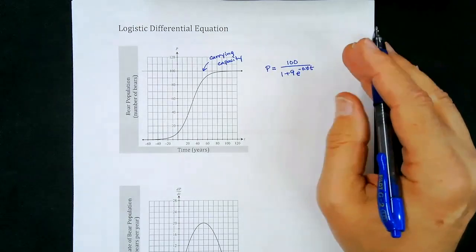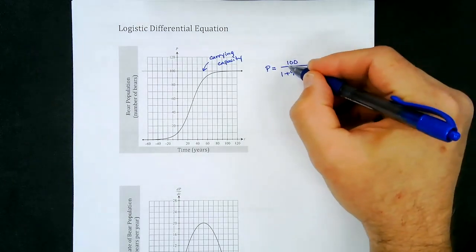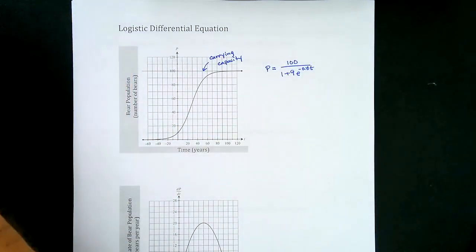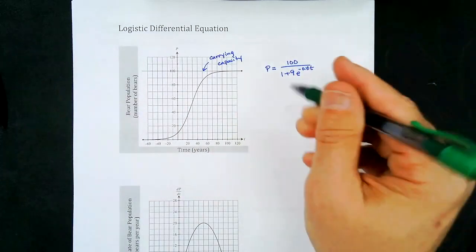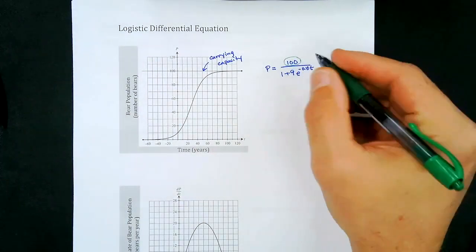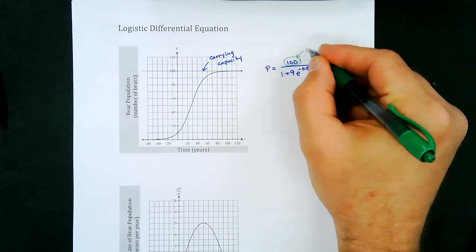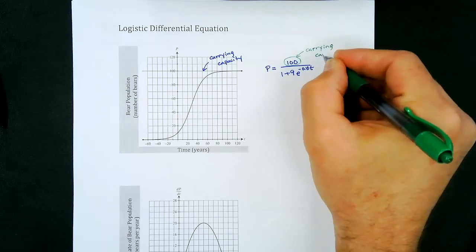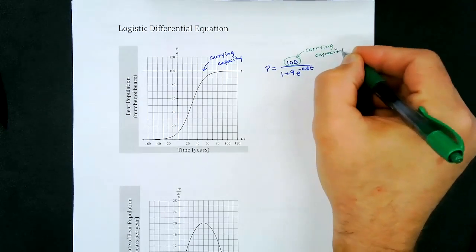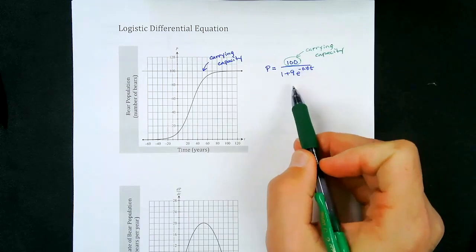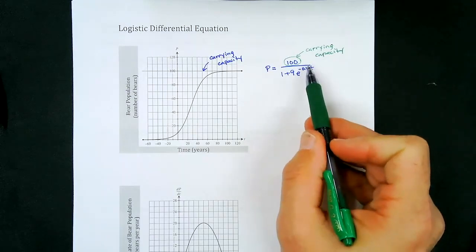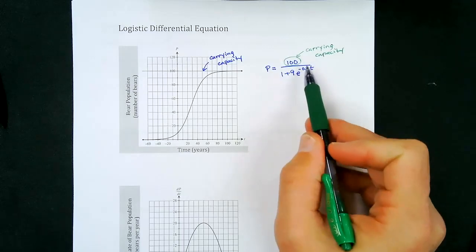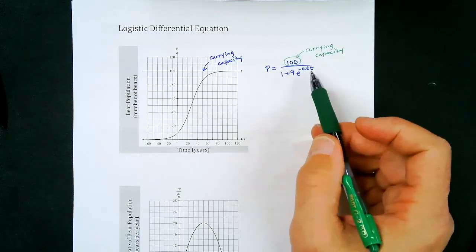We can look at this and realize this numerator tells us the carrying capacity. The exponent is determined by growth factors and other things, and this 9 is determined by the initial conditions. We're actually going to come up with this later on as the very last part of this problem.